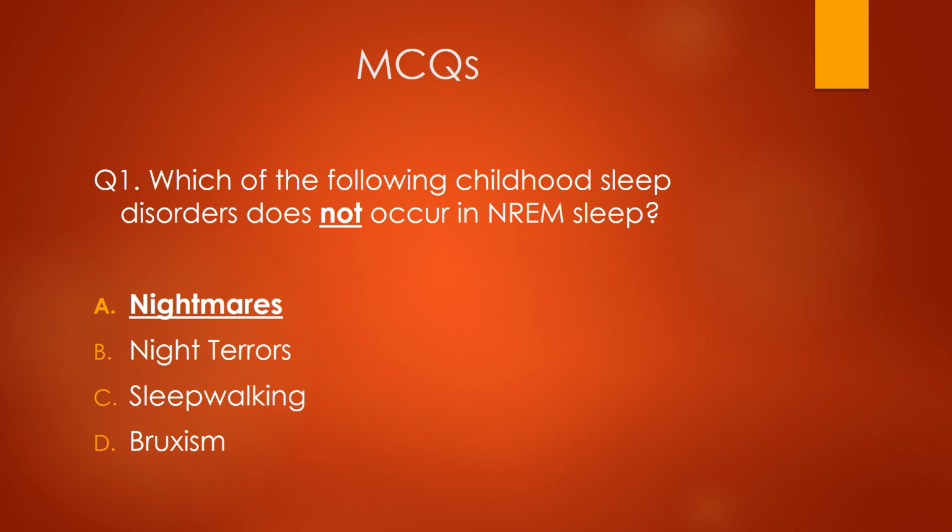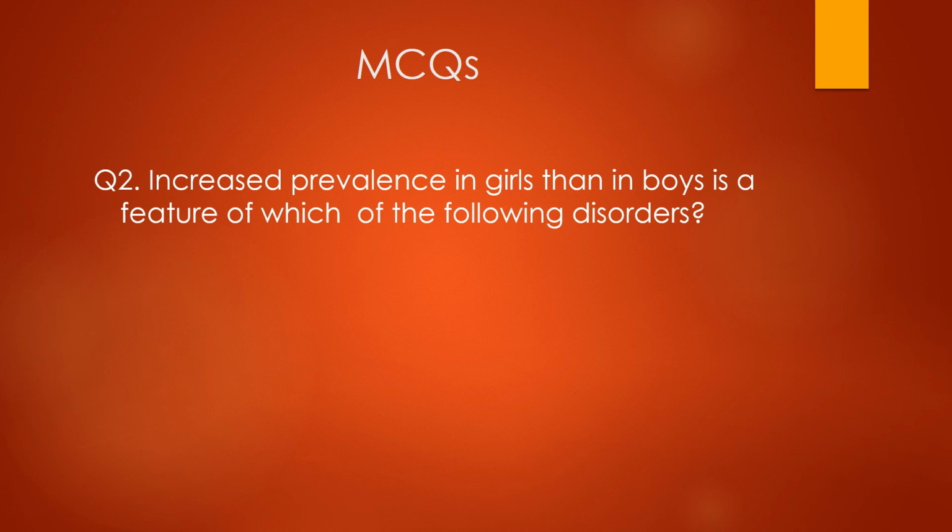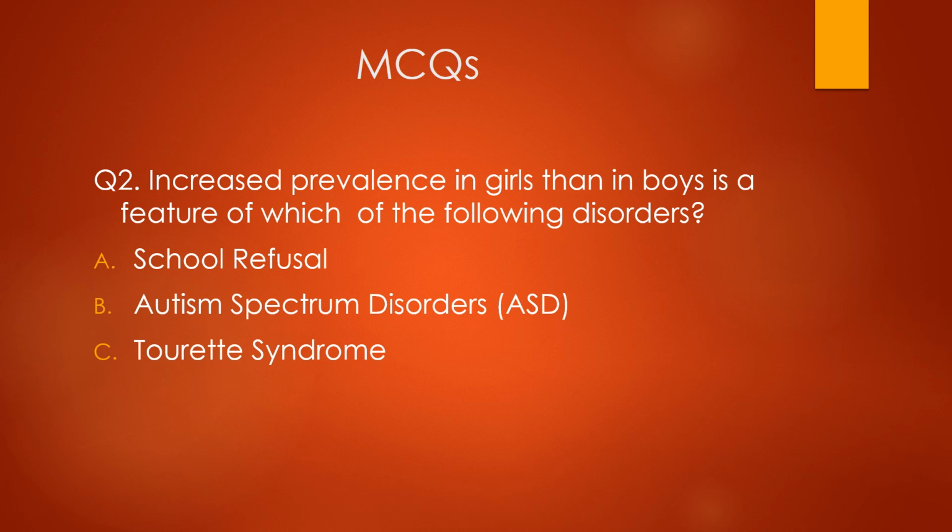Bruxism refers to teeth grinding during sleep. Question 2. Increased prevalence in girls than in boys is a feature of which of the following disorders? If you want, you can pause, go through the options and select your choice.